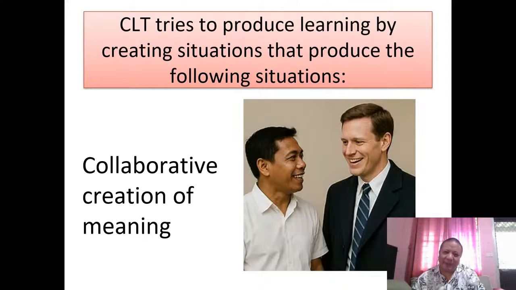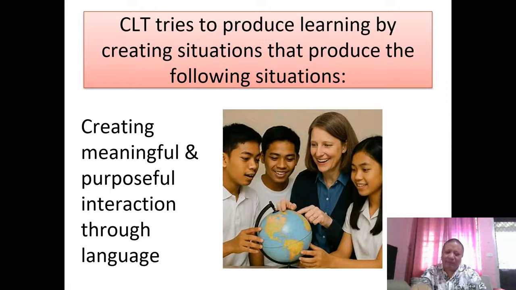All participants cooperating with each other, collaborating with each other, producing meaning for all participants. It also involves creating situations like creating meaningful and purposeful interaction through language. So there's interaction, you have your purposes for the conversation, and you are able to achieve your purpose for the interaction.